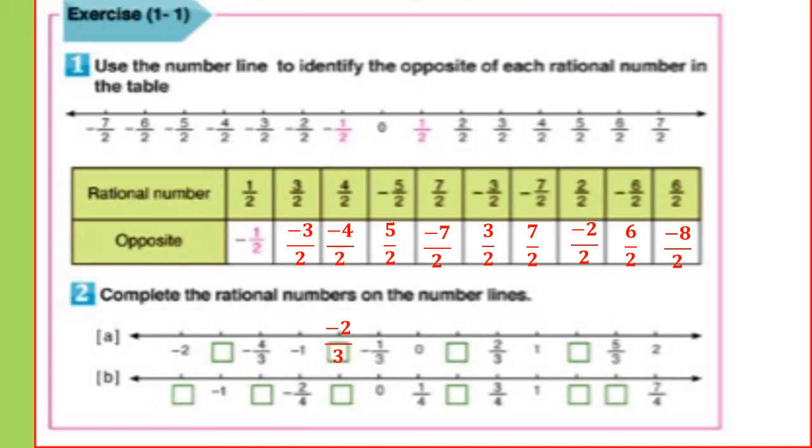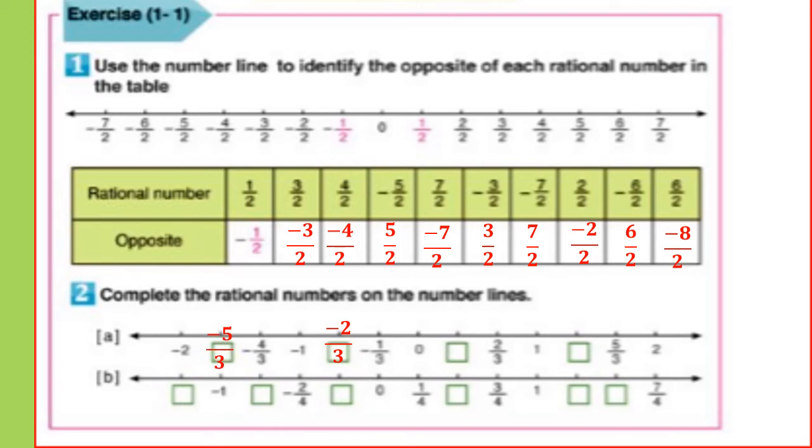Between -1 and -3/3 is -2. Between -4/3 and -2, we must write -2 with denominator 3, so it will be -6/3. Between -4/3 and -6/3, we have -5/3.